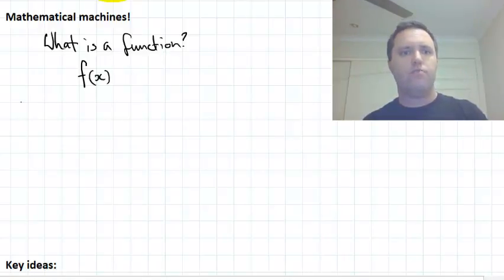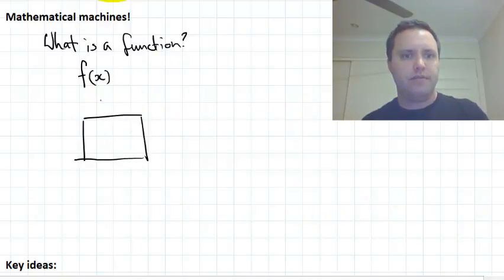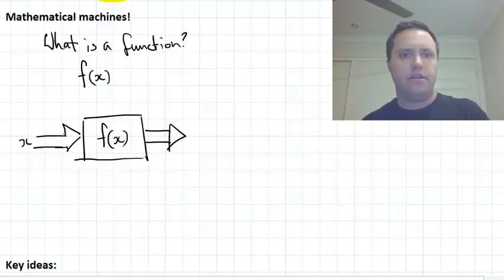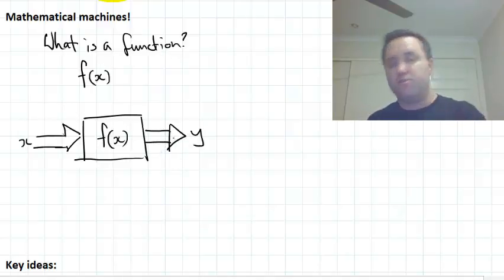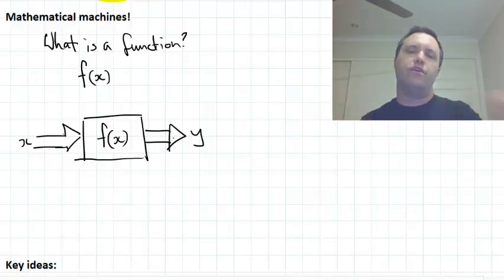Okay, what does this mean? Well, it means we've got some mathematical machine. It is a function on x, and what happens is that we get x values and shove them in one end, and out the other end of our machine come a whole bunch of y values. Or I mean, it can be x and y, it could be like x and a, doesn't really matter, but x and y is kind of what we go for at this sort of level.